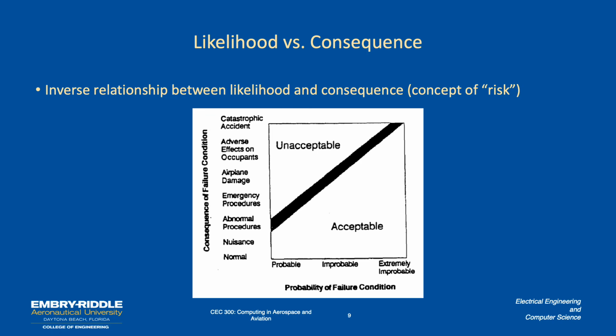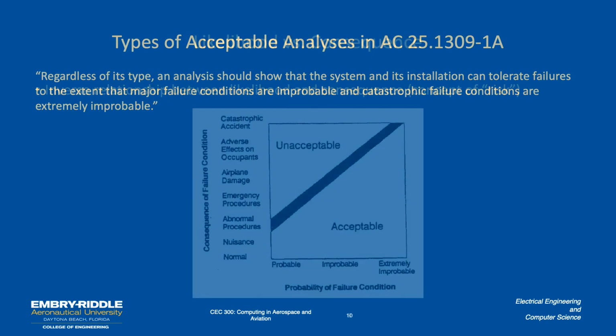So from normal at the bottom to a catastrophic accident. And there's a trade-off between probability and consequence, and that's the definition of risk. So for constant risk, it can either be highly probable but of little impact, or extremely unlikely but of substantial impact.